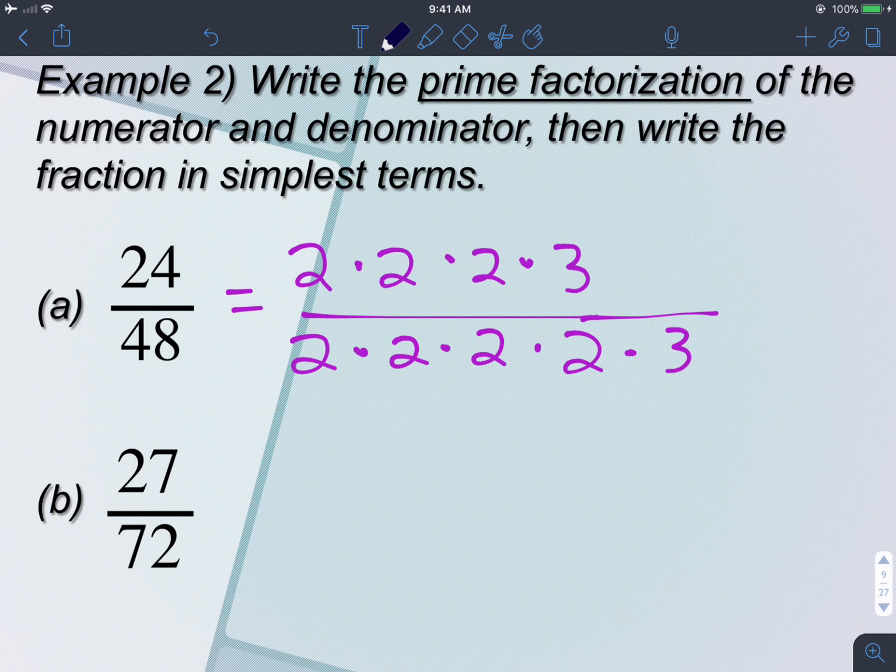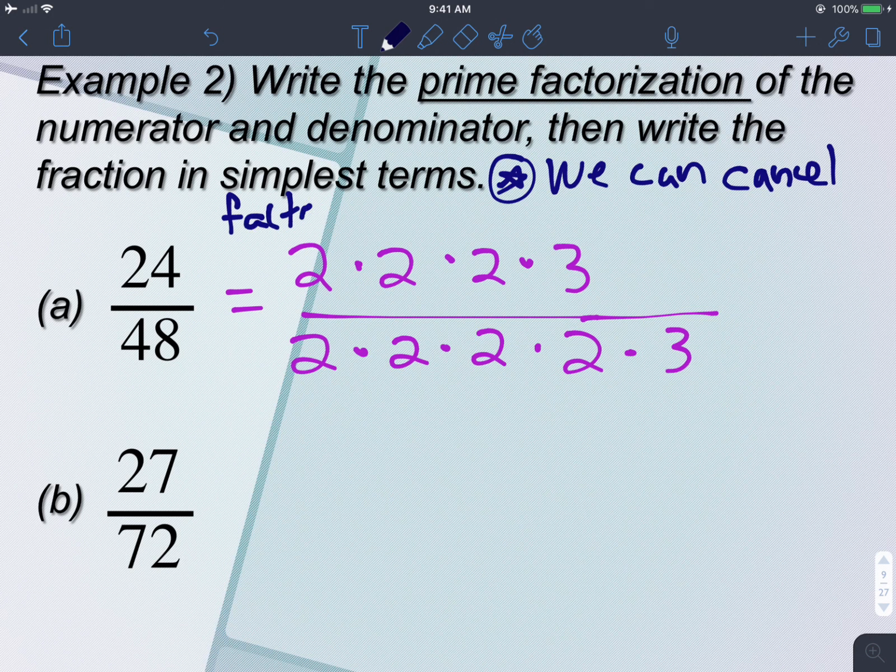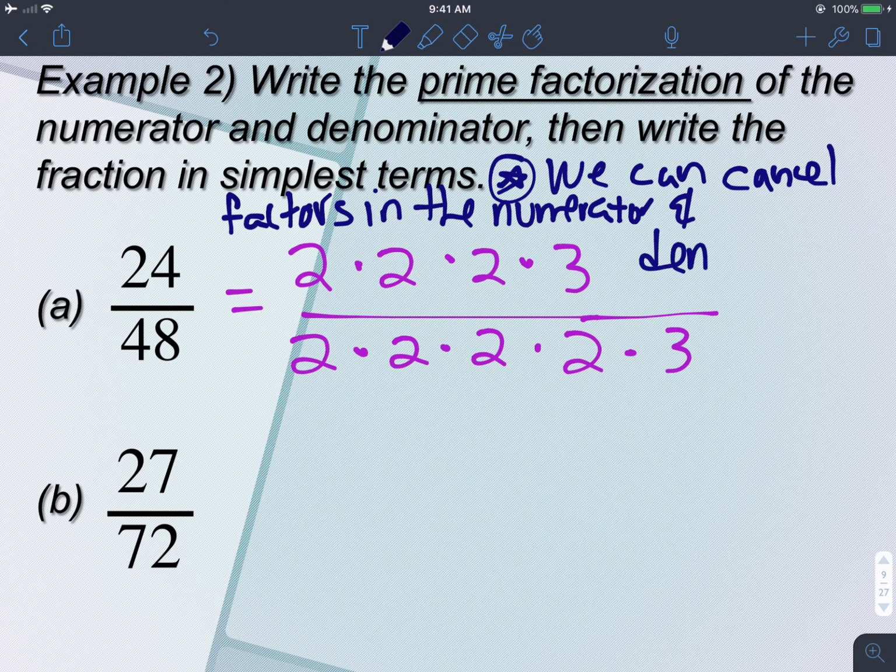So why am I writing it out like this? We can cancel factors in the numerator and denominator. What do I mean by canceling? I'm just going to go like this. Okay, I got a 2 on top and a 2 on bottom. Done.